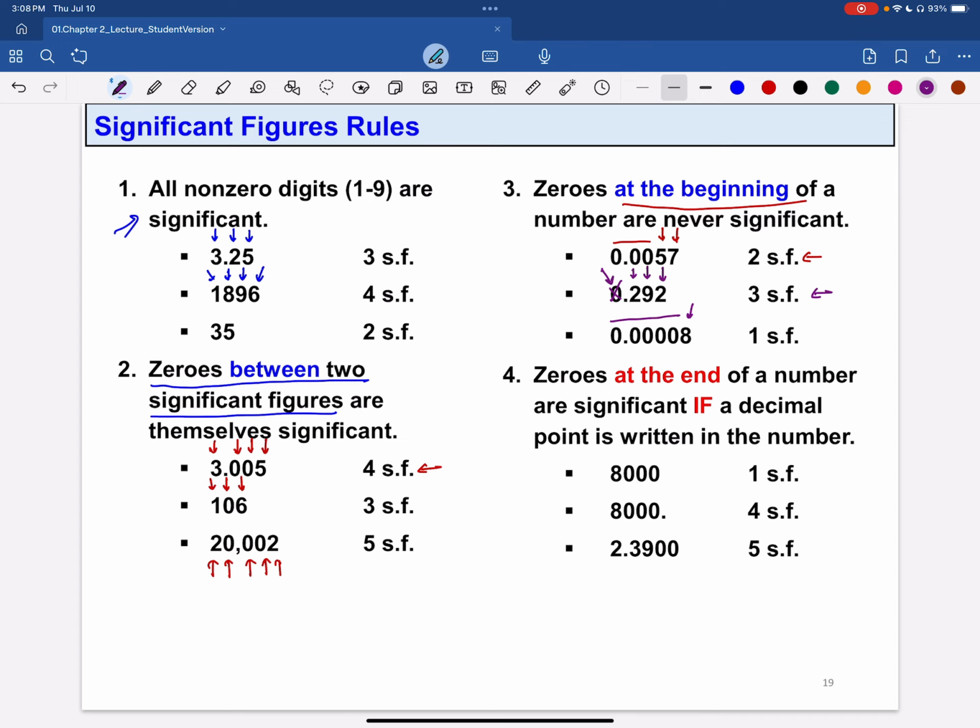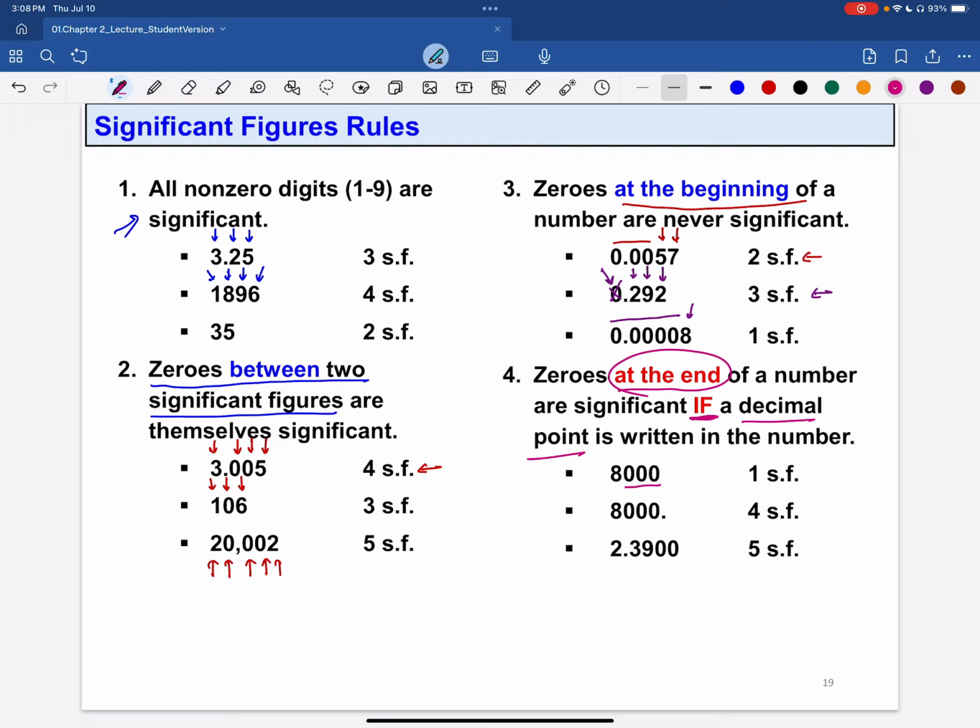How about 0 at the end? If you have 0 at the end, then the 0 is a significant figure if and only if a decimal point is written in the number. For example, 8,000.